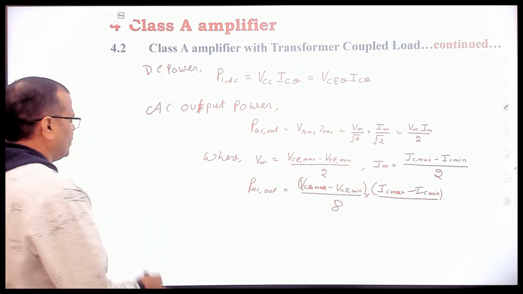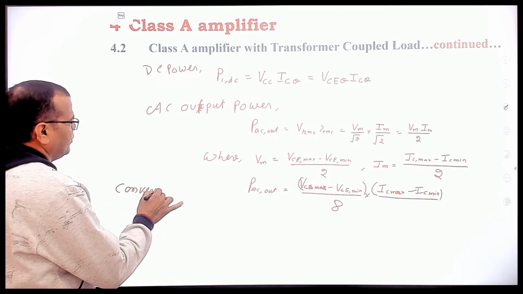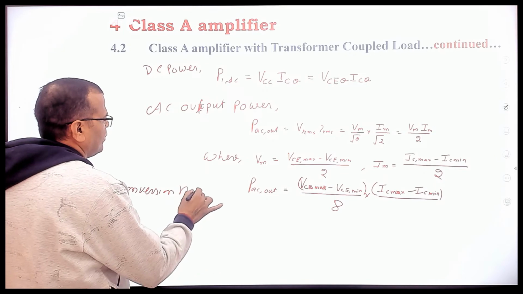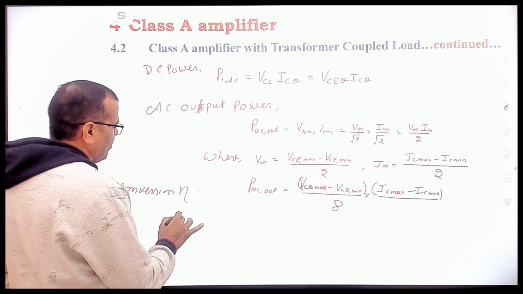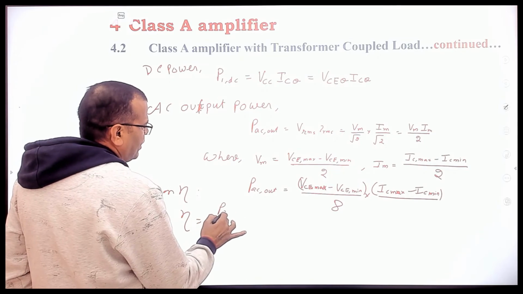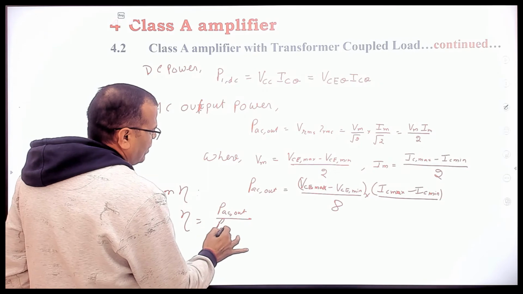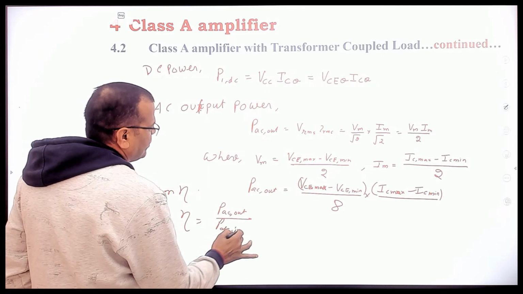Now if you talk about the conversion efficiency of the transformer coupled amplifier, that will be P AC out by P DC input, right?